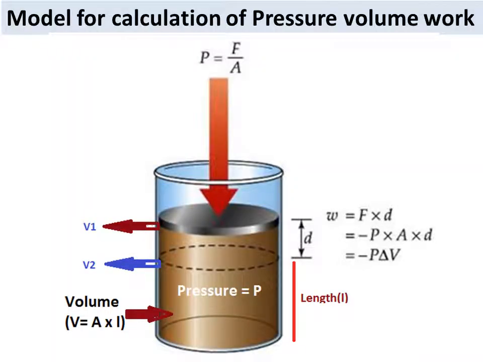So let us consider pressure volume work and how to calculate the work done by pressure volume change. For that we take a very simple experimental setup: a cylinder having a movable and frictionless piston.